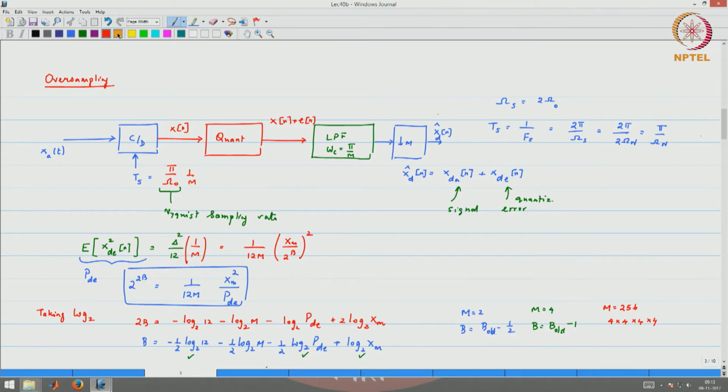Each of these would contribute 1 bit: 1 bit, 1 bit, 1 bit, 1 bit, add all of these together with the overall minus sign. So, B will be equal to B old minus 4 bits. You have reduced your precision requirements by 4 bits because you have increased your oversampling by a factor of 256.